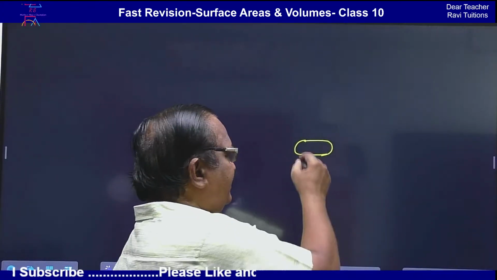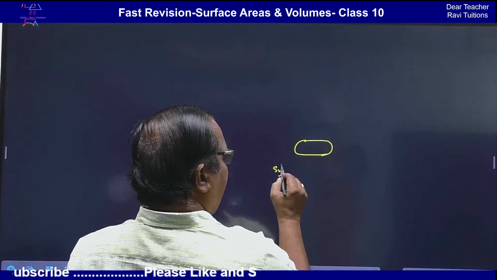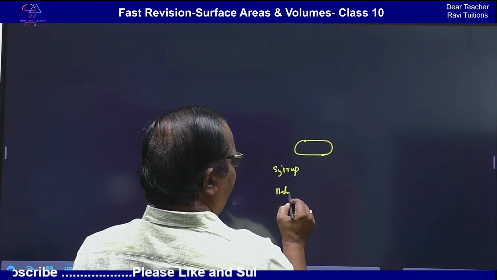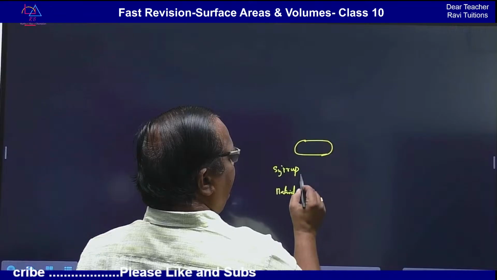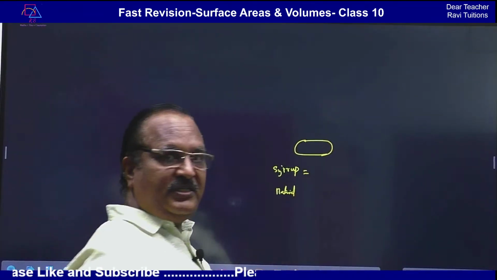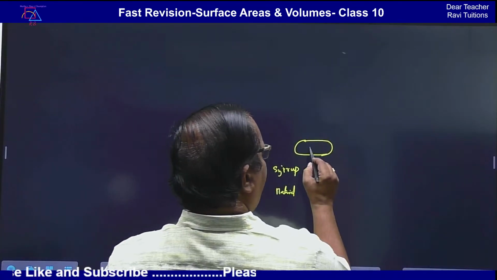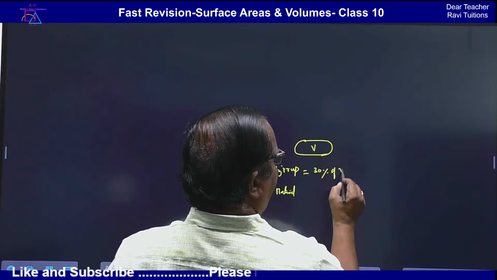If it is gulab jamun, this has two things. It will be having syrup and it is having material also, whatever maida. So how much syrup is there in this? 30% of its volume. Say this volume is V. So 30% of V is syrup.